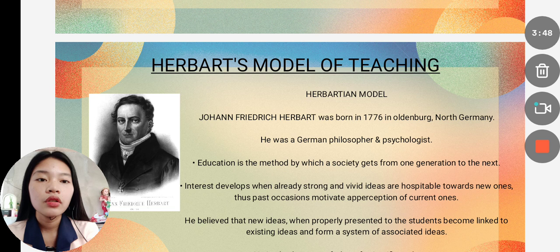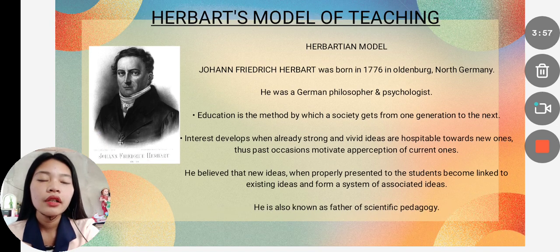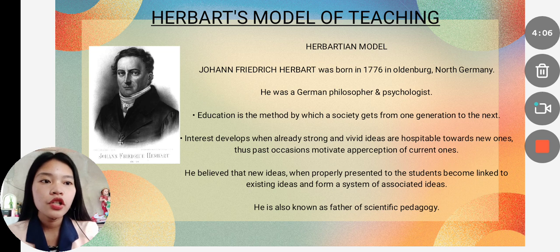Herbartian model. Johann Friedrich Herbart was born in 1776 in Oldenburg, North Germany. He was a German philosopher and psychologist. Education is the method by which a society gets from one generation to the next.